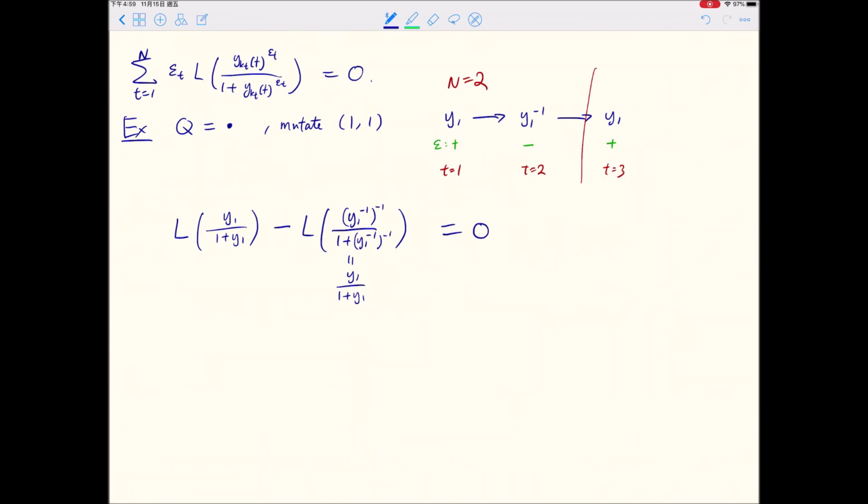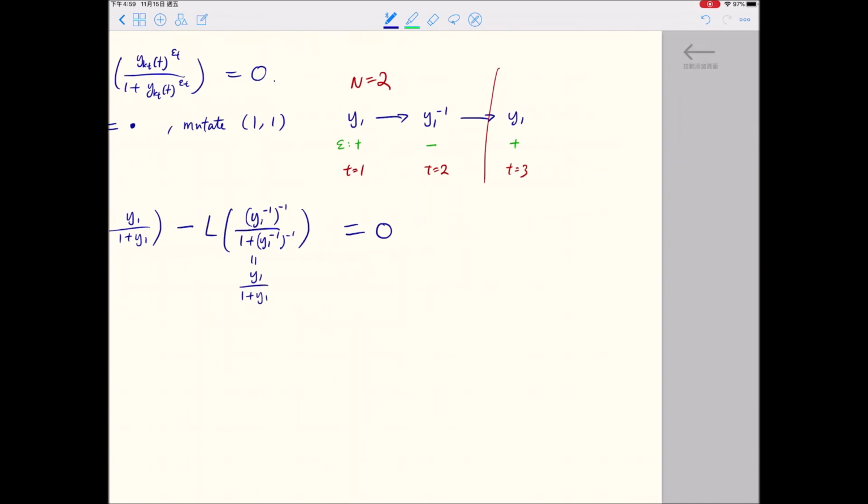So let's look at a more interesting example. The standard rank 2 example, 1, 2, and as before we choose the sequence to be 1, 2, 1, 2, 1.